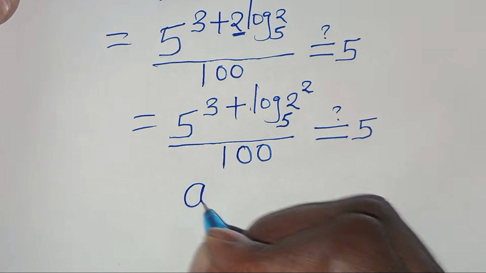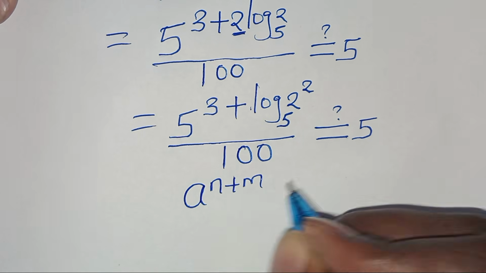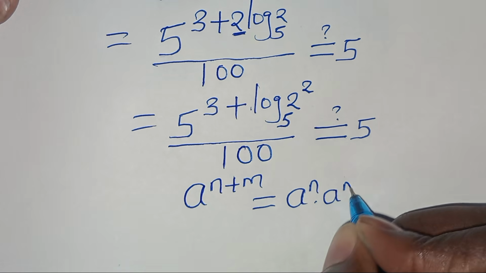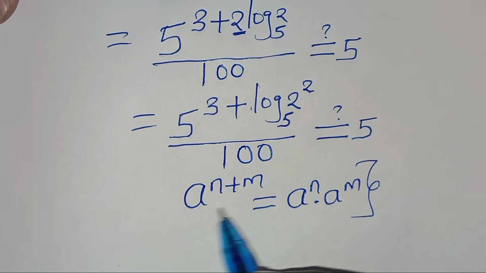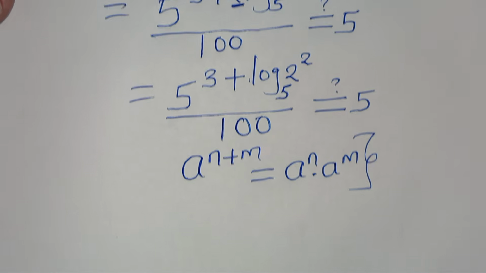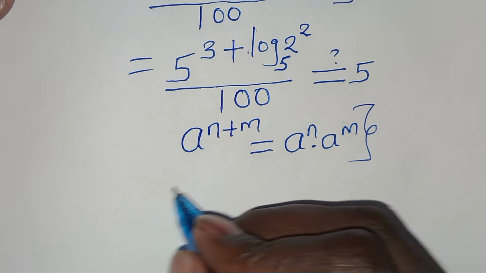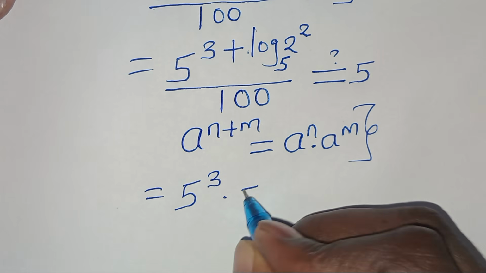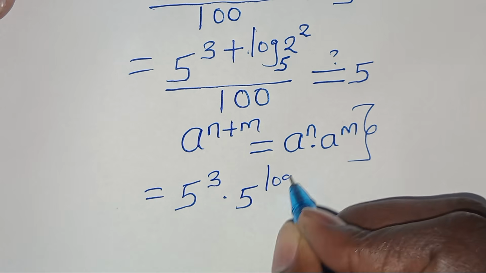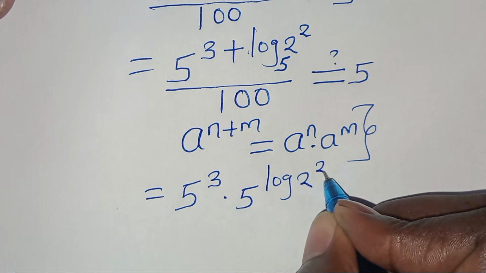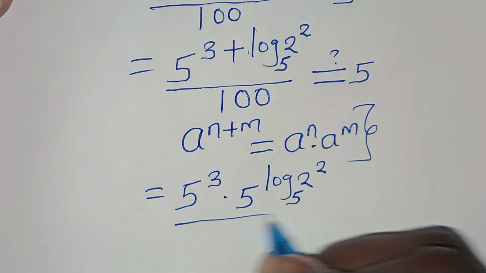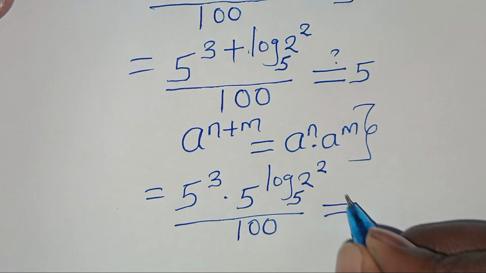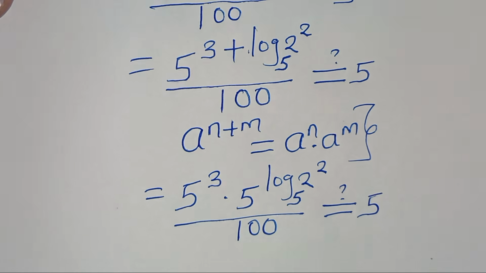This is of the form a to the power of n plus m, which we can express as a to the power of n times a to the power of m. Applying this exponent property, we have 5 raised to the power of 3 multiplied by 5 raised to the power of log 2 squared to base 5, divided by 100.